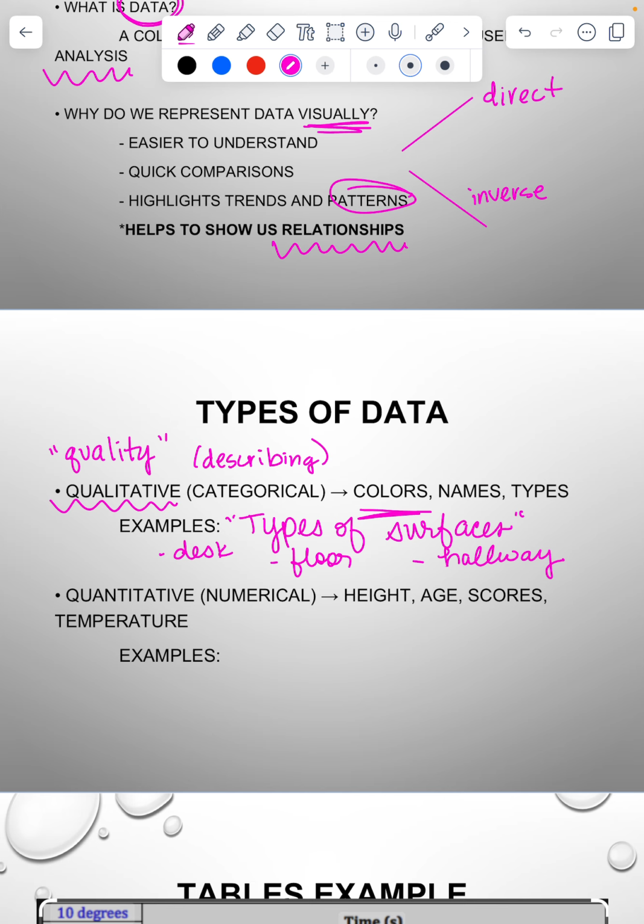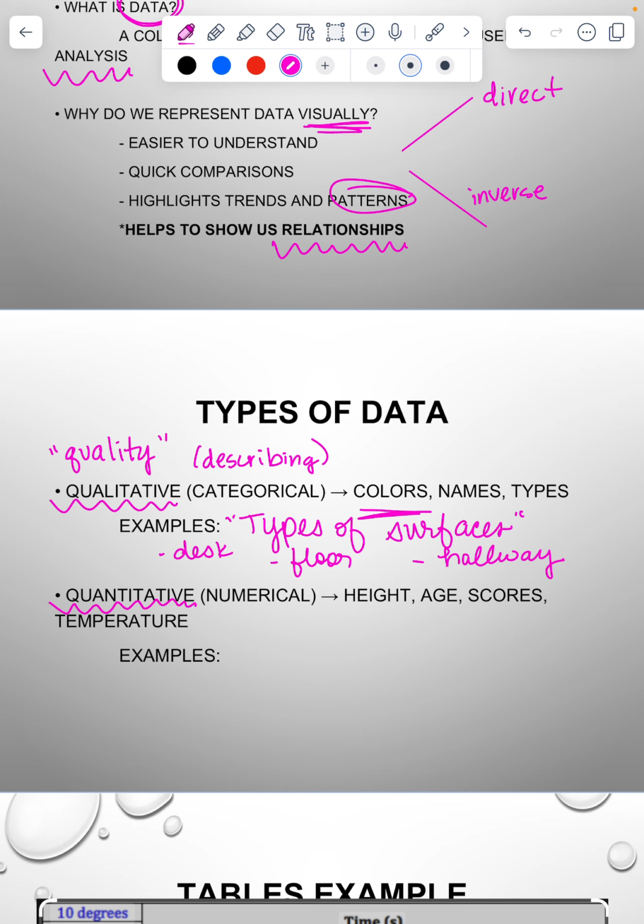You can't quantitate a desk, you can't quantitate the floor, you can't quantitate the hallway floor. So those would be descriptive, but that would have given us an awesome set of data to compare each other to.